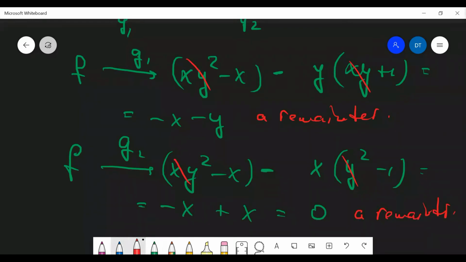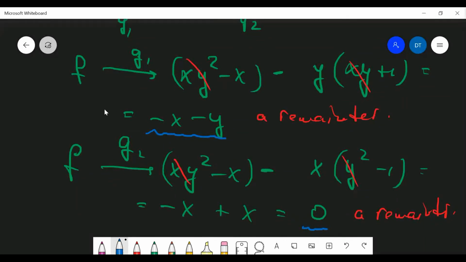So as you can see, during the first procedure the remainder is not 0, but during the second procedure the remainder is 0. When the remainder is 0, it means that you can represent f as a linear combination of g1 and g2.